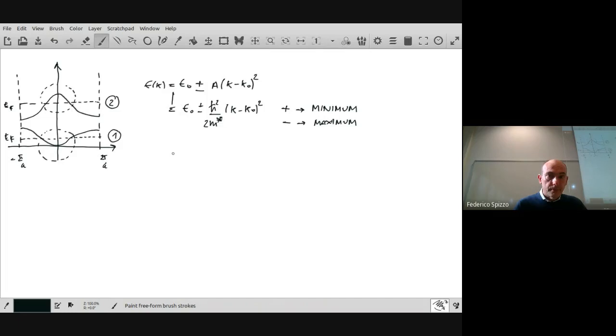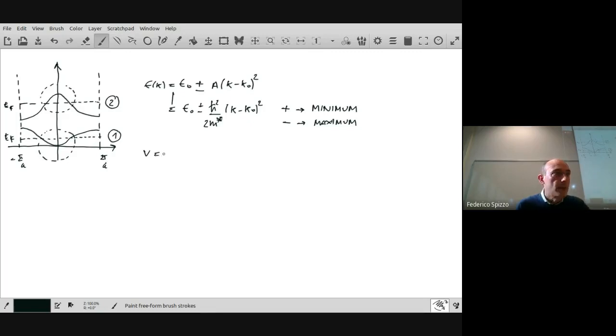And in this picture, let's try to evaluate the acceleration of one electron that is described by the plus sign or by the minus sign. So first step is to evaluate the velocity. The velocity is 1 divided by h bar, the gradient of the energy. In this case, we are in a one-dimensional case. We just make the derivative with respect to k.